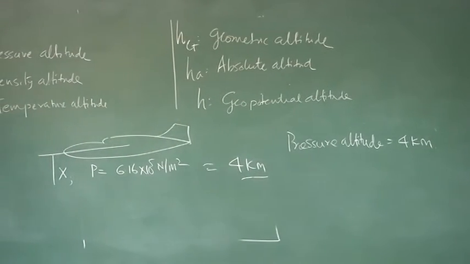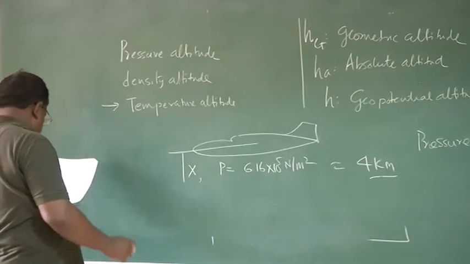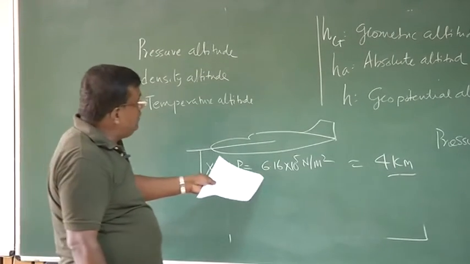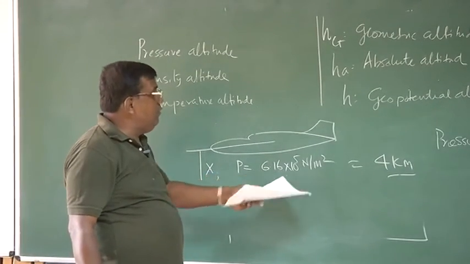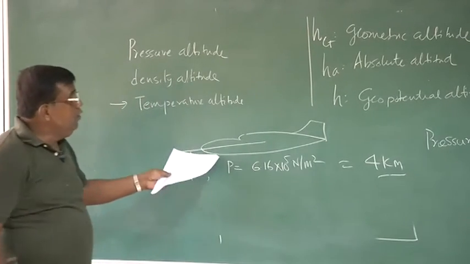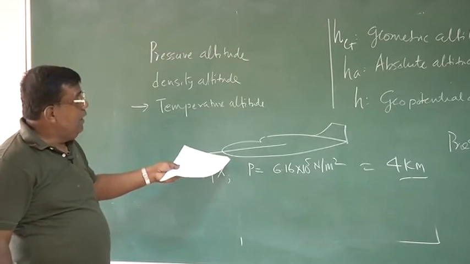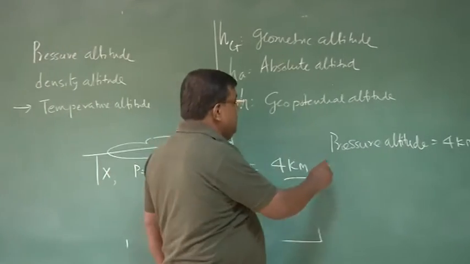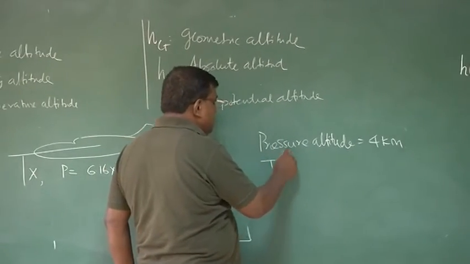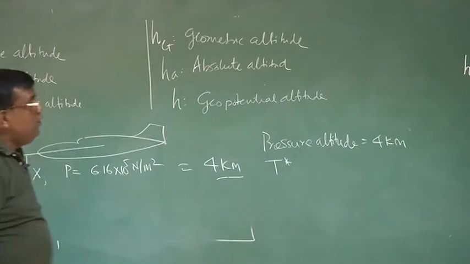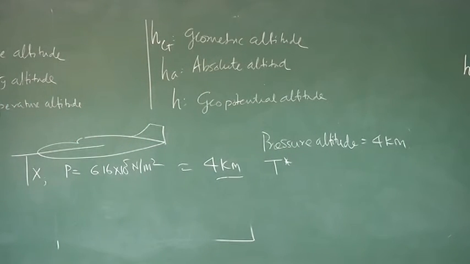Now, come back to temperature altitude. When you are sensing a pressure of 6.16 into 10 to the power 5 Newton per meter square, you put some instrument which can measure temperature, and let's say that temperature is T star at that altitude. But what will be the temperature altitude?